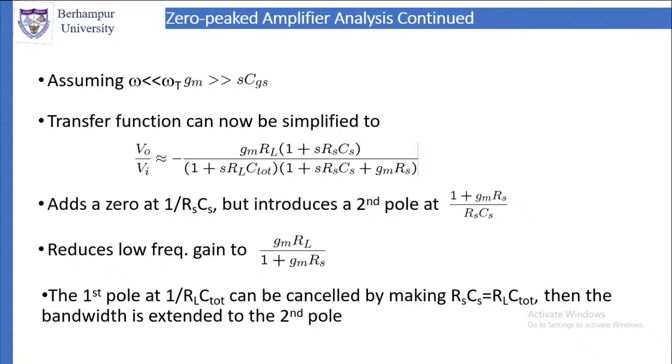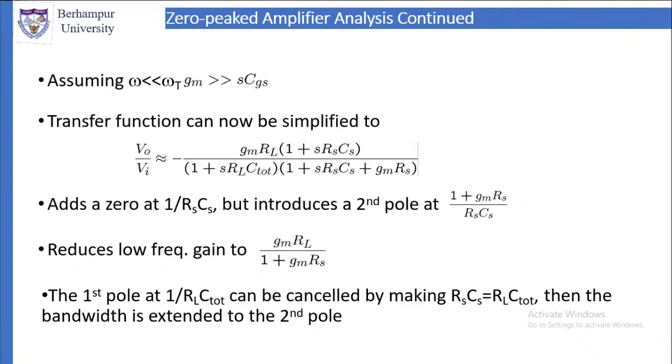How we do that is very simple. In the numerator take S RSCS common, so the numerator becomes GMRL into 1 plus 1 by SCS RS.